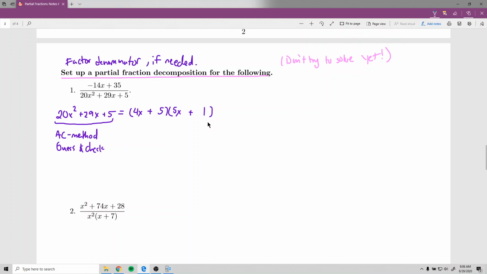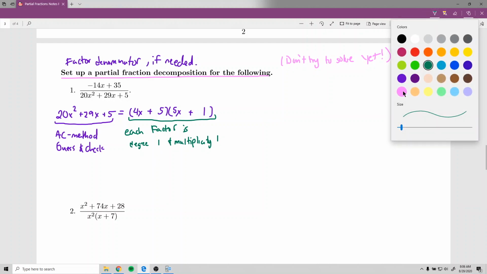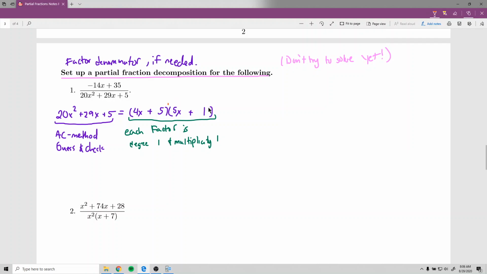Right, but that's factored. Now the numbers like the 4x and the 5x don't matter because these are each degree 1 and have multiplicity 1. Once again, we're referencing some stuff from chapter 3 here. The multiplicity just refers to the power on the outside.